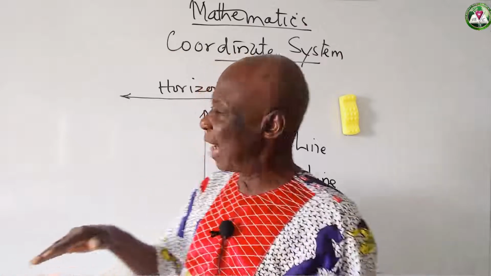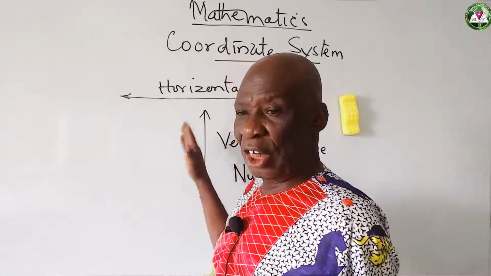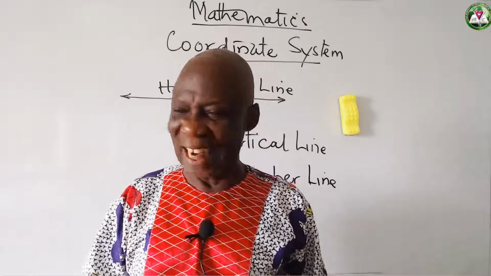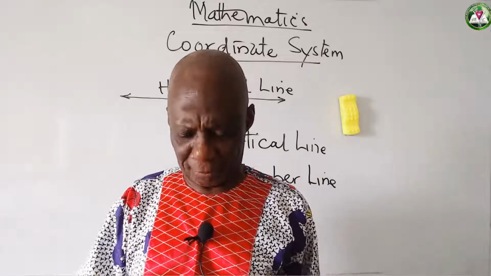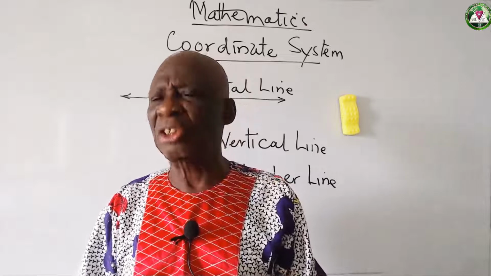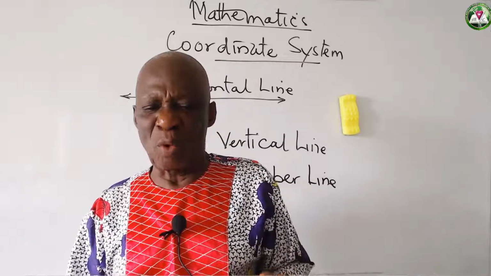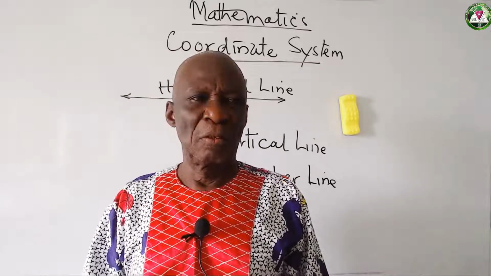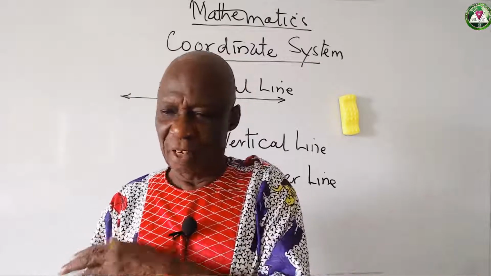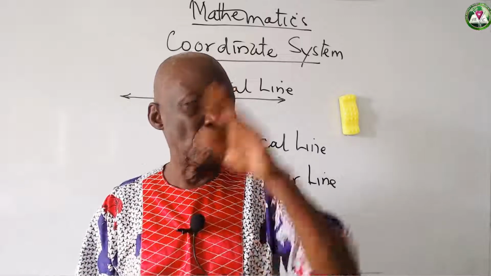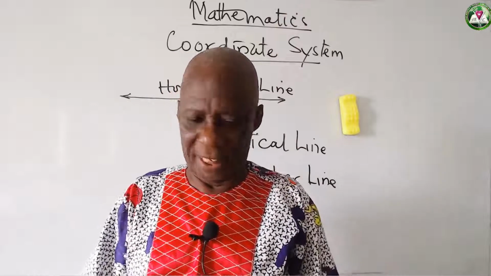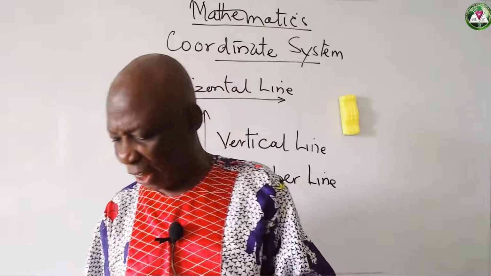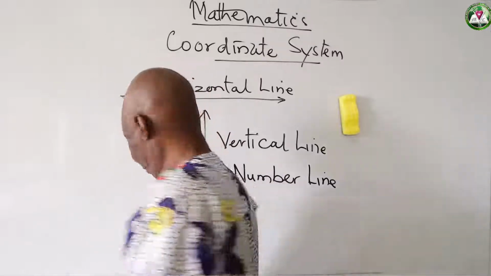It means that the line will either be horizontal or it will be vertical, and on it are attached numbers. And these numbers must be equally spaced out, from left to right for the horizontal, from top to down for the vertical.